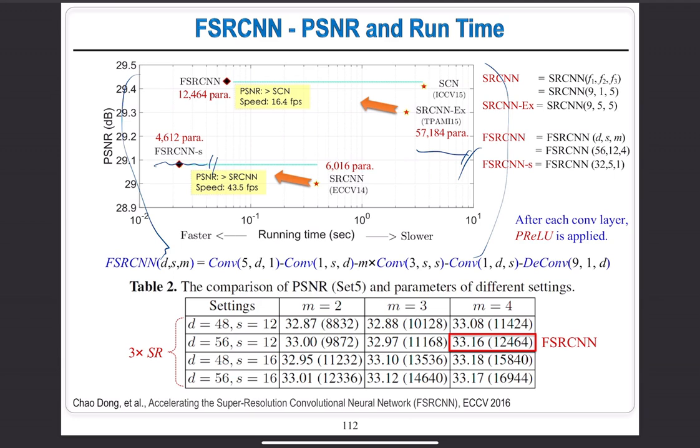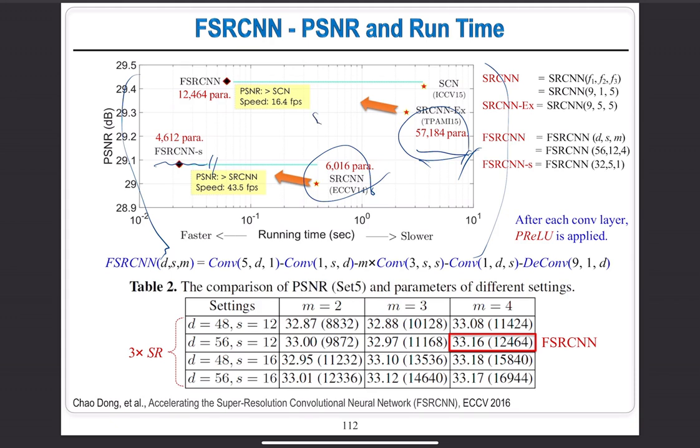In contrast, SRCNN models range from around 6,000 to 57,000 parameters depending on their configuration.